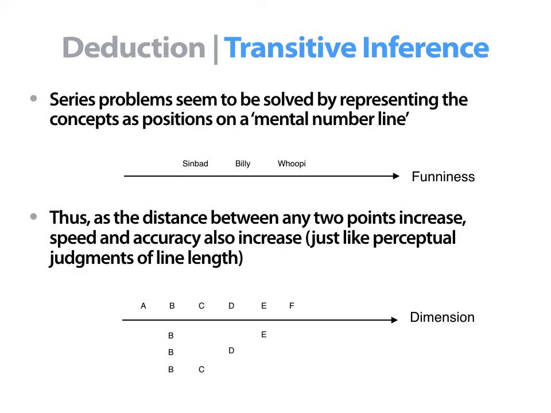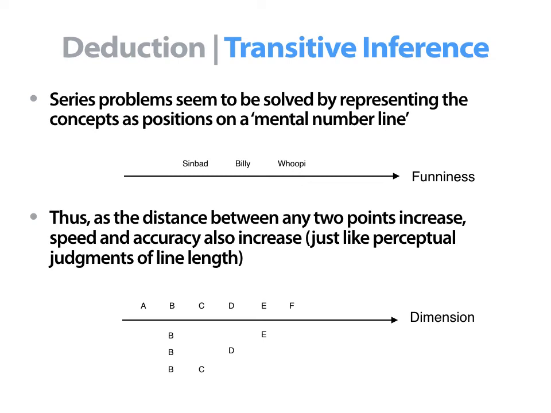Well, it seems that these kinds of series problems are solved by representing the concepts as positions on a mental number line. So if you can imagine that we have a kind of mental number line that represents how funny the individuals are, when we hear that Whoopi is funnier than Billy, we might put Whoopi to the right and Billy to the left of Whoopi.